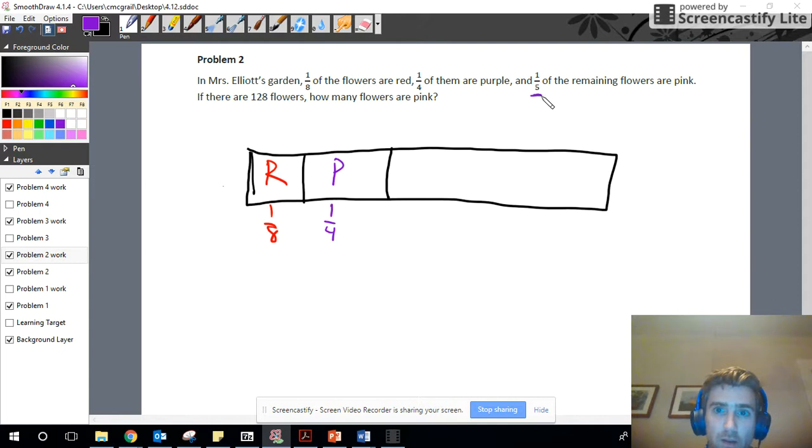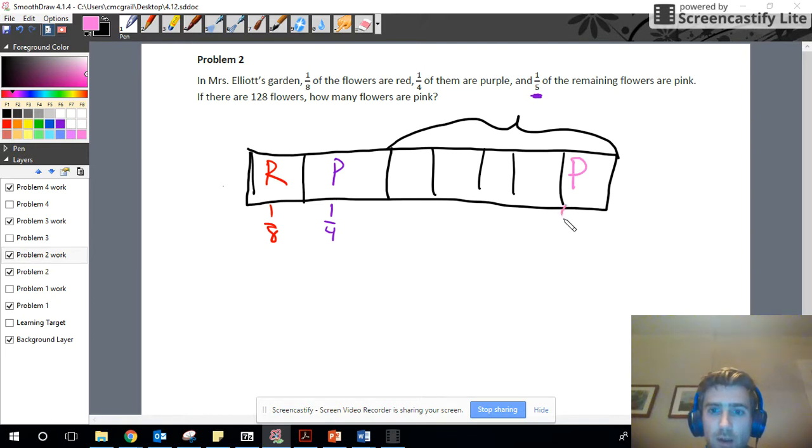Only 1/5 of what's left are pink. So I will take this part and I will go 1, 2, 3, 4, and I'm going to bracket that. Only 1/5 of these are pink. And so my task is to find out what fraction of this is pink and how many flowers is that.